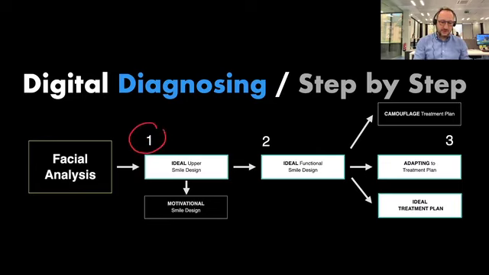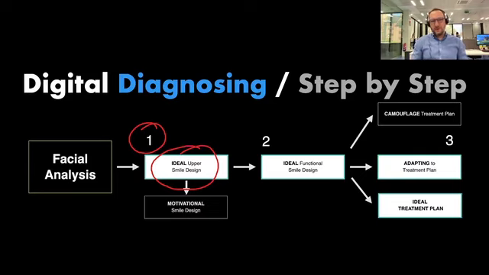So this is the first stage, to understand the upper ideal design. The design is something that we can create, we can draw, and we can eliminate any interference, so we can understand exactly where is the best for the patient's smile and the face, considering all the three-dimensional position, okay?